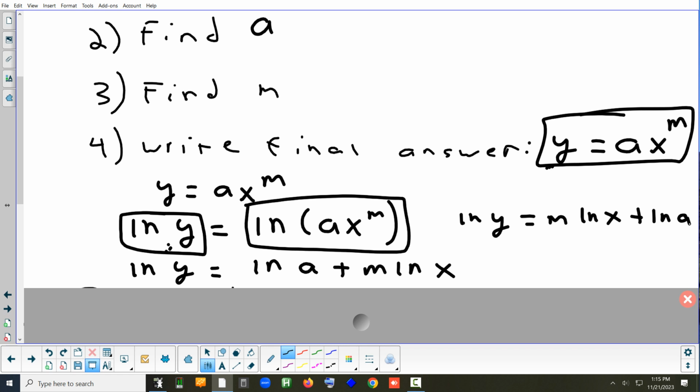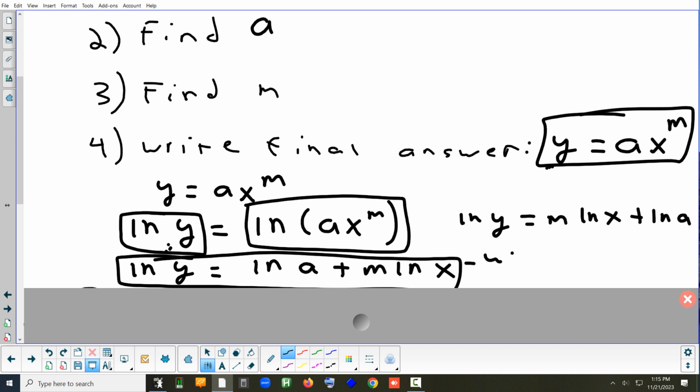It looks like slope-intercept form, where m is your slope, and the a part has to do with the y-intercept. Exactly. So this equation is what's going to help you when we have to figure out the a and the m. I'm going to use this for steps 2 and 3.